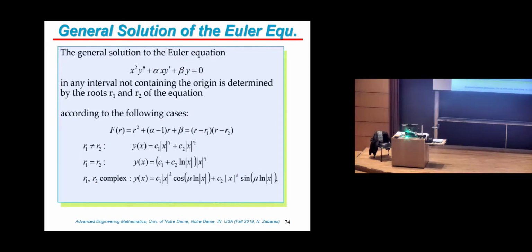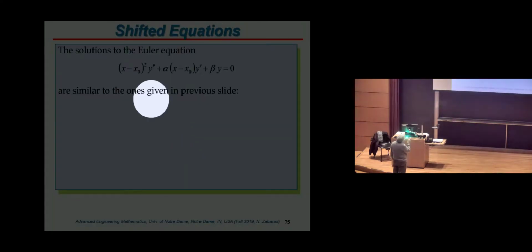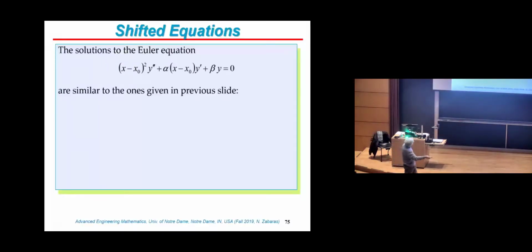If you want, for any reason, to do a power series expansion of the Euler equation around not the x equals 0 point, but around anything else, can you tell me the general form of this equation? How would it look if x0 is not 0?